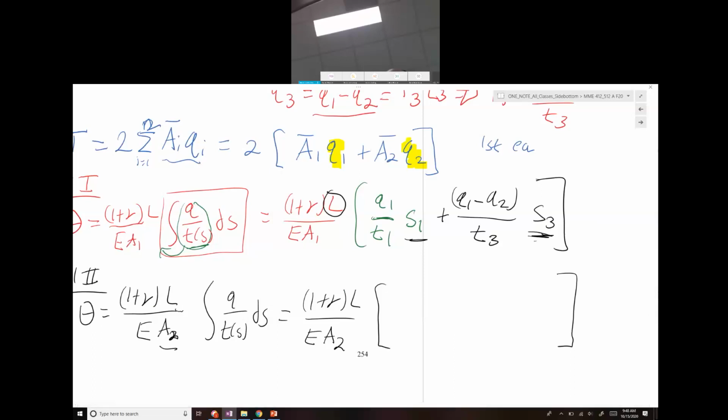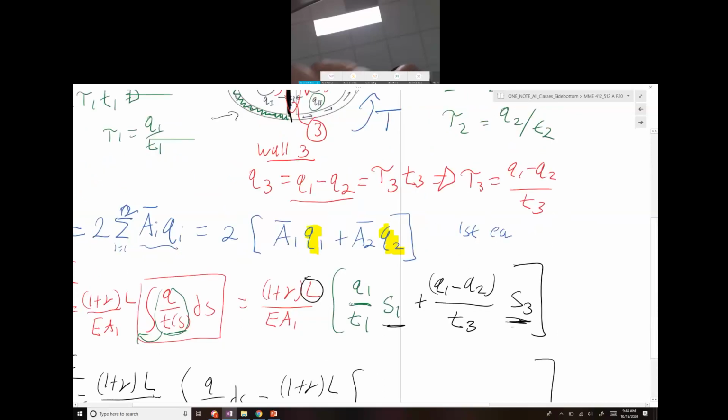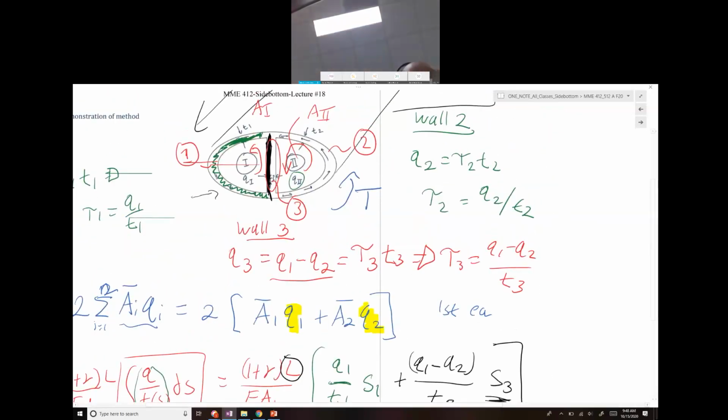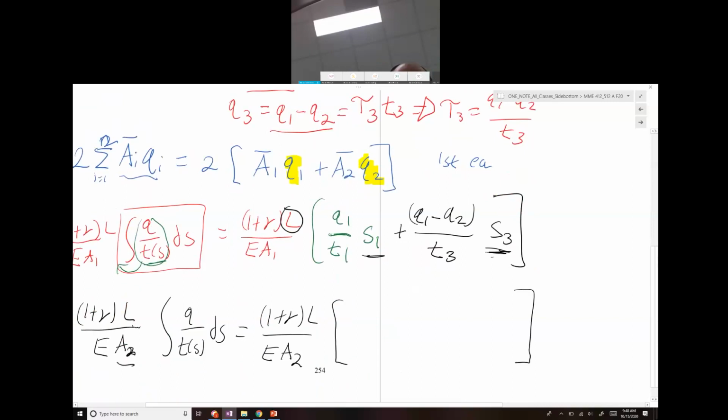So then for the right hand side, we're gonna use, let's see, we look at the curved tube, and in that part of the tube, the shear flow is equal to Q2, the thickness is equal to T2, and the length we'll call S2. Okay.